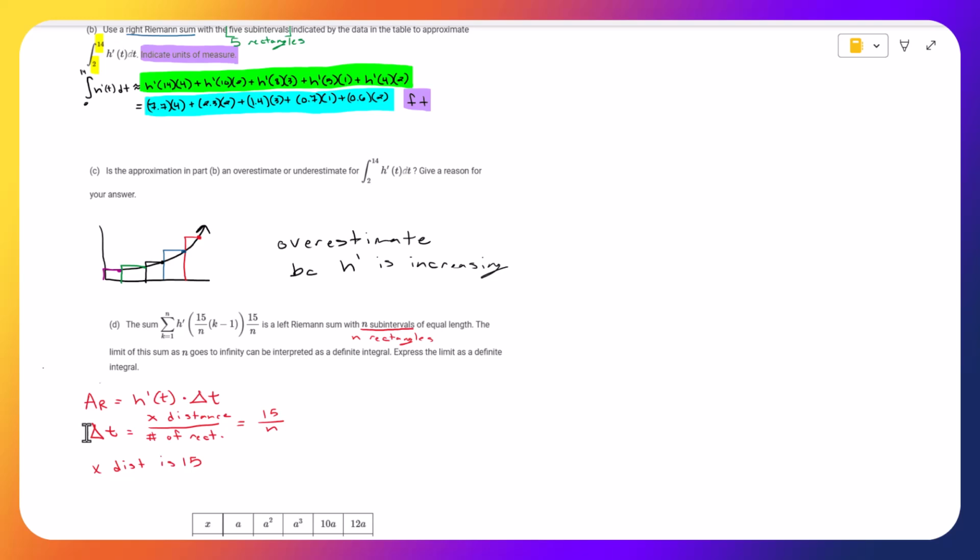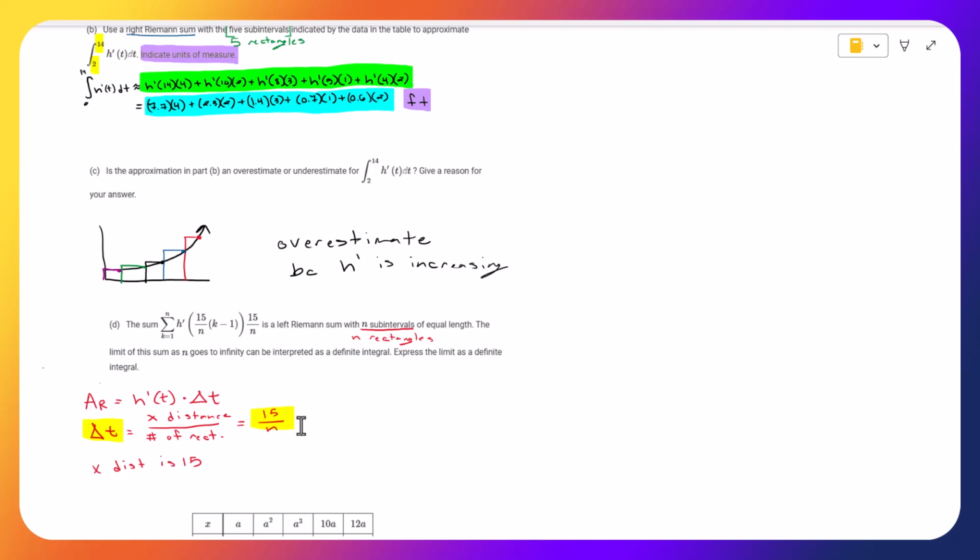This delta t equals 15 over n. You don't need this part in the middle, but if writing it helps you, it's still true. But this part right here, that's worth 1 point. So we've already scored 1 point in this question.